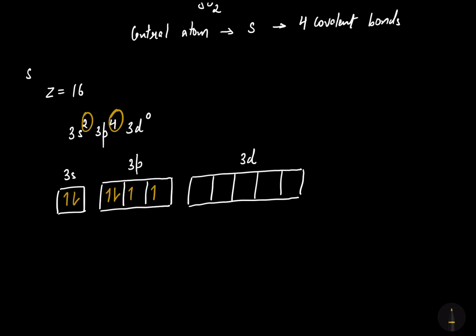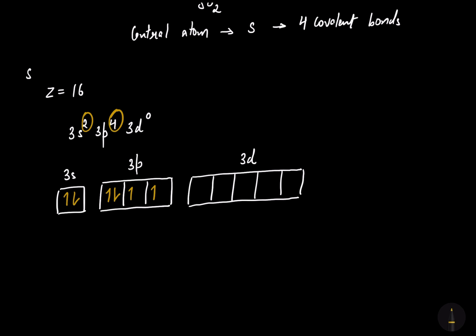Only then will sulfur be eligible to form the 4 covalent bonds with the 2 oxygen atoms. Because I have already told you that 1 orbital of sulfur containing 1 electron and 1 orbital of oxygen containing 1 electron will overlap to form the covalent bonds. For the formation of 4 covalent bonds, we need 4 orbitals containing 1 electron each.